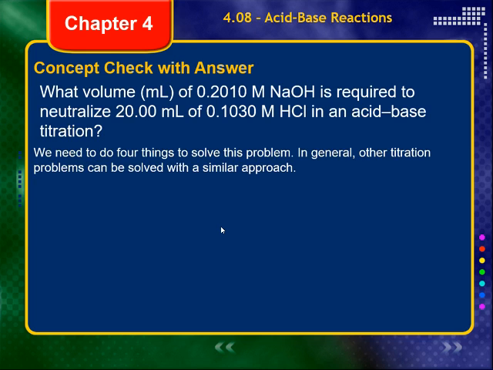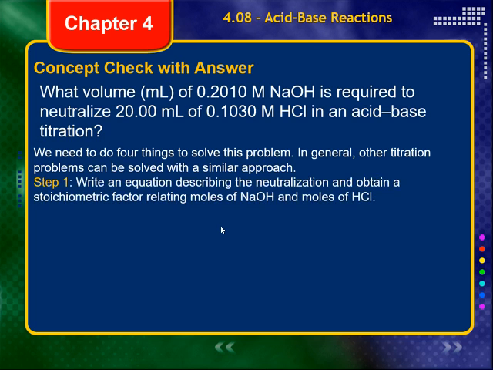We need to do 4 things in order to solve this problem. Now, in general, other titration problems can be solved in a very similar approach, so the steps here you can use in most titration problems. Step 1, I'm going to write an equation describing the neutralization and obtain a stoichiometric factor relating moles of NaOH and moles of HCl. So I'm going to take the formula for the titrant and add it to the formula of the acid that I need to neutralize.